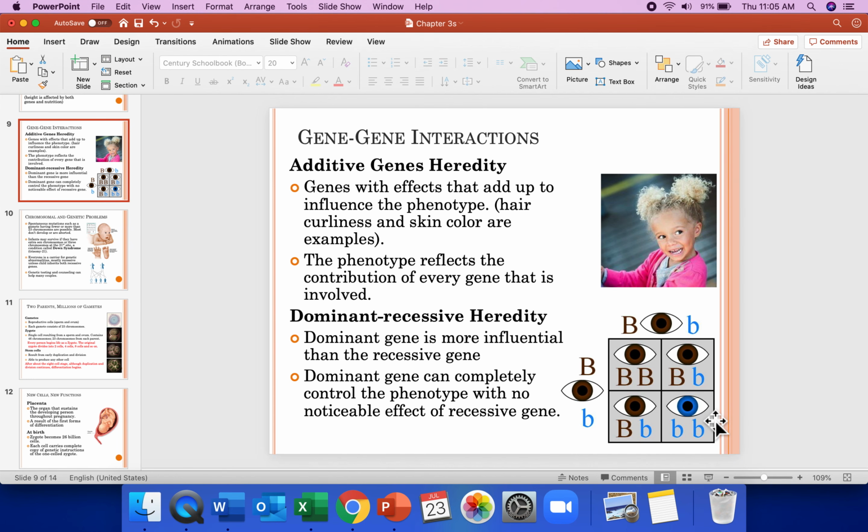And that's where people go, oh, well, how did that happen? Well, that happened because mom and dad are carriers of the blue, and they have a chance of having a 1 in 4 children, 25% of their offspring can have blue eyes. And this is the dominant recessive interaction when it comes to genes.